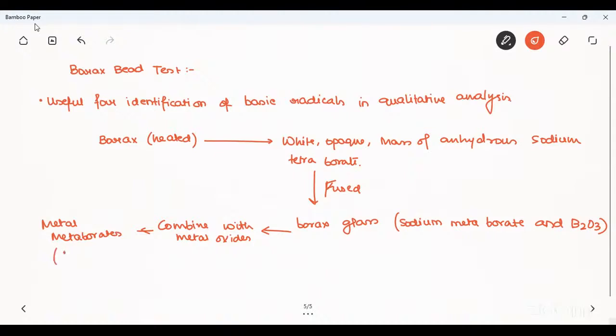And these metal metaborates are colored beads. Okay, so this is the whole thing. Just see this for once and come.